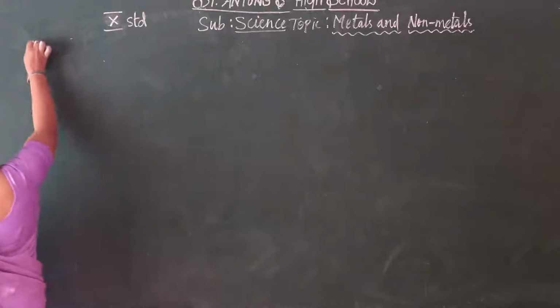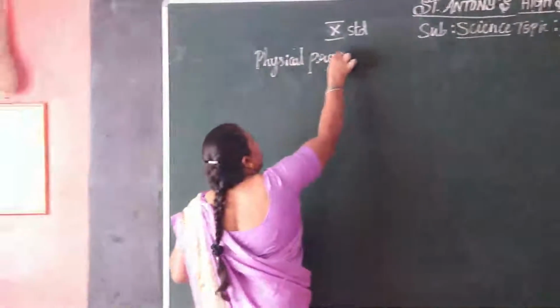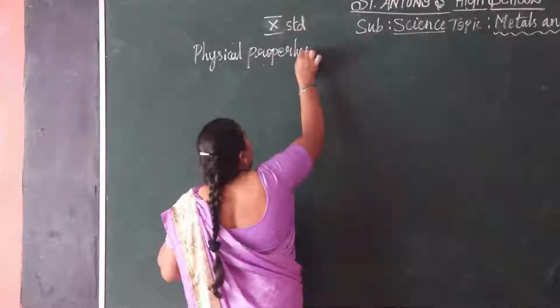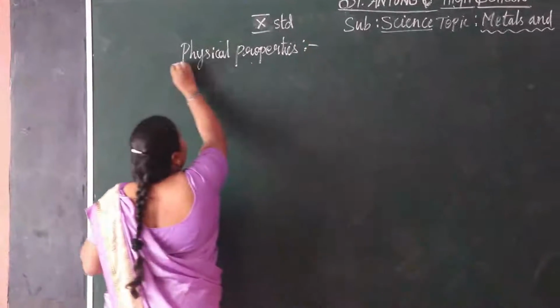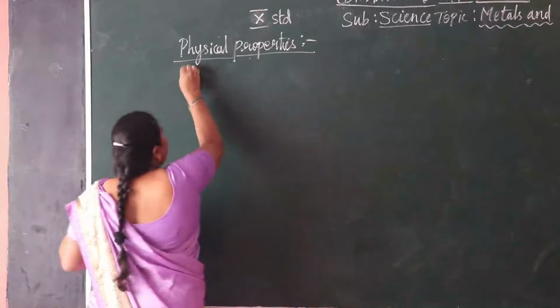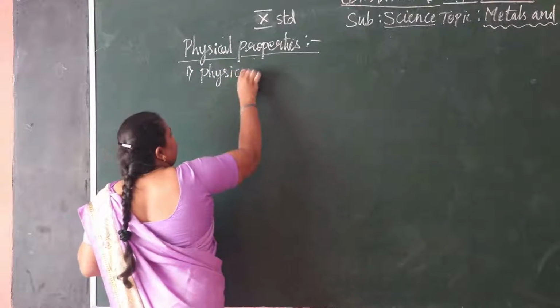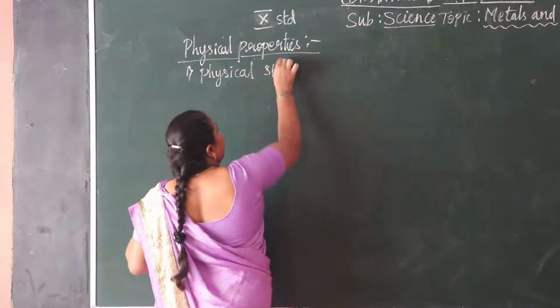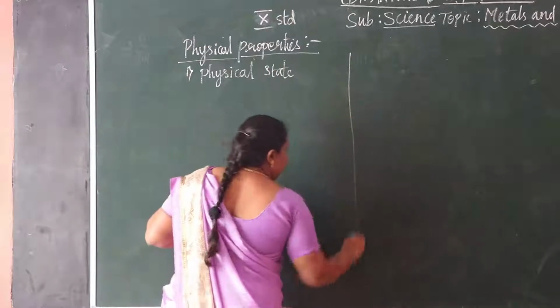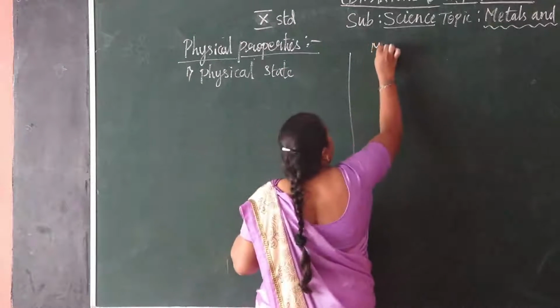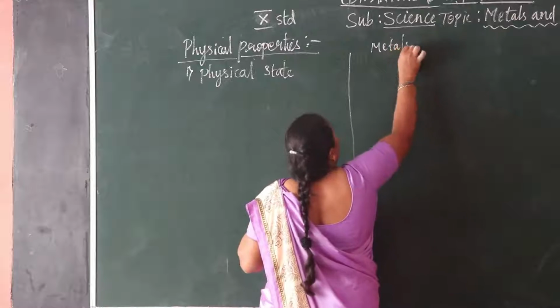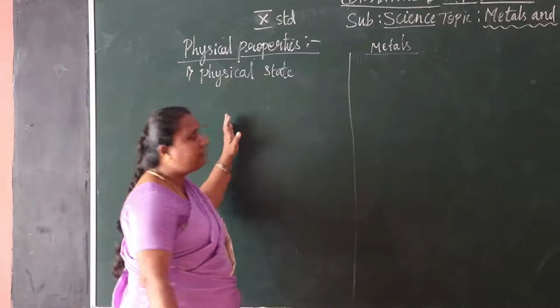Physical properties. First one, physical state. What is the physical state of metal?